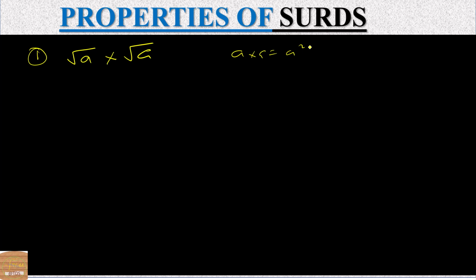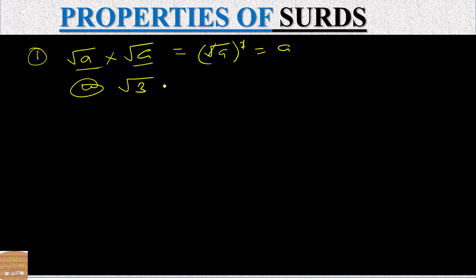So the square root of A times the square root of A is also the square root of A all squared, because this times this. So the root cancels the square and we are left with A. So anytime, for instance, we're given, let's say, root 3 times root 3, the answer is 3. Alright, that's the first property.